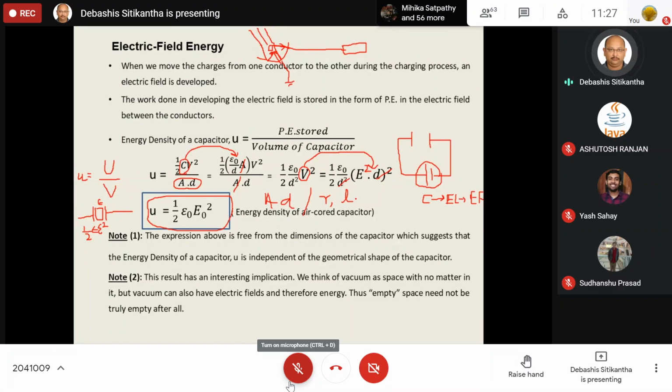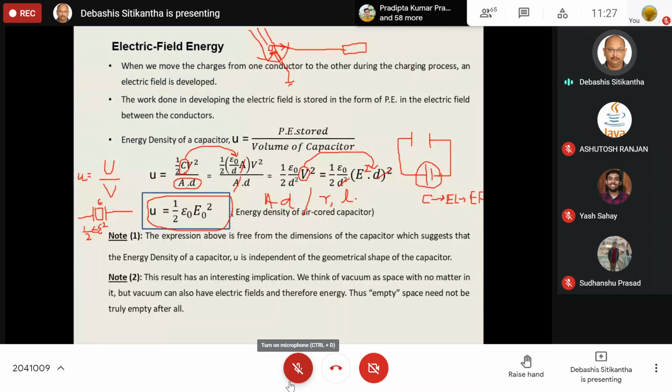Now, the answer is actually that vacuum is never a perfect vacuum. In this universe, practically, you can never achieve a complete or ideal vacuum. Rather, what we achieve is a partial vacuum.